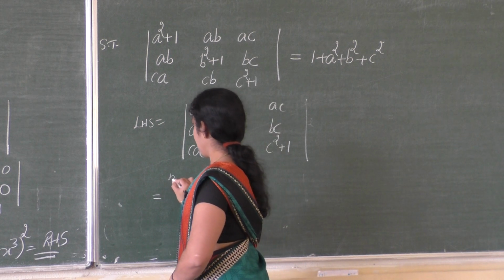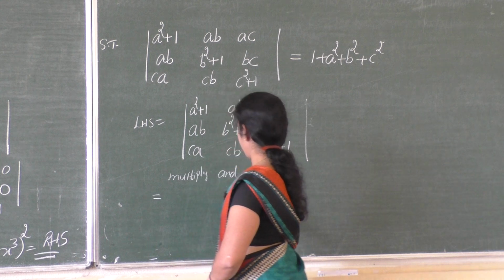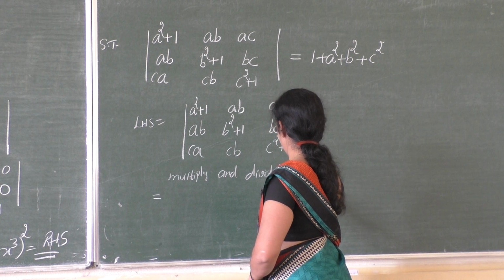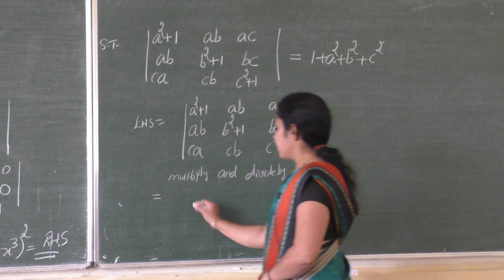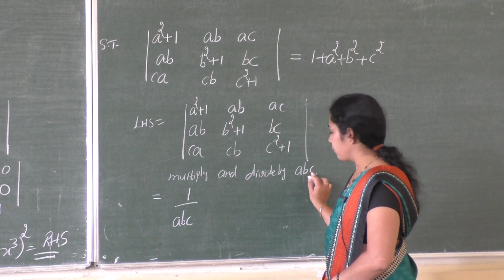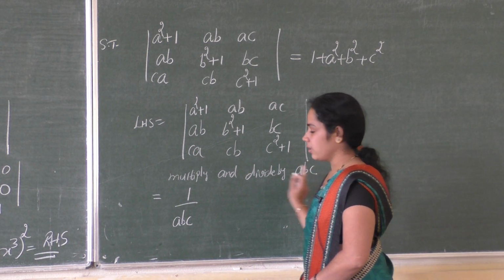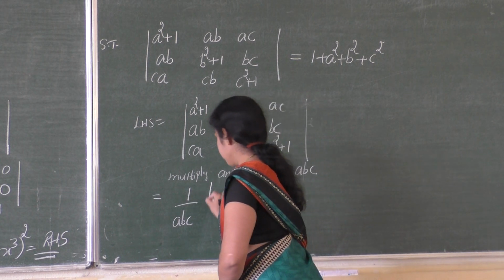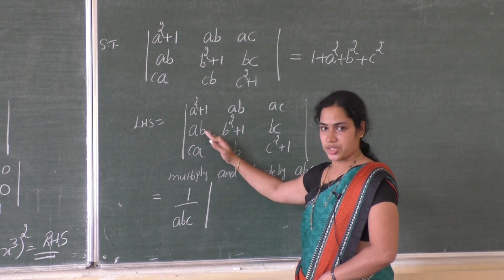So here first multiply and divide by a, b and c. Here we have to divide by a, b, c, and we need to multiply by a, b, c. The term which we are dividing, write that outside, that is 1 by abc, and the same term we need to multiply also, so the value will not change.